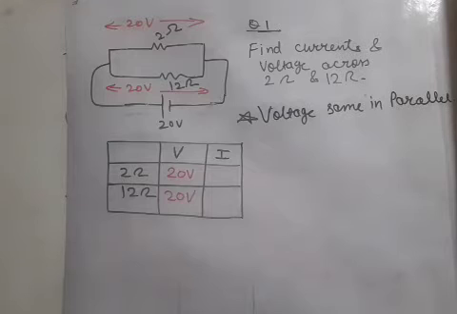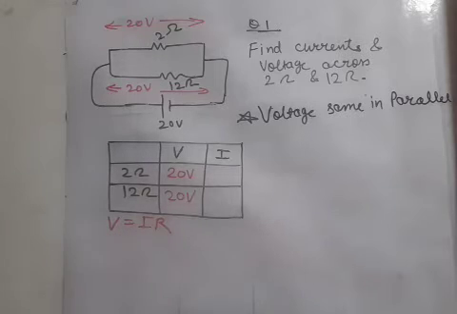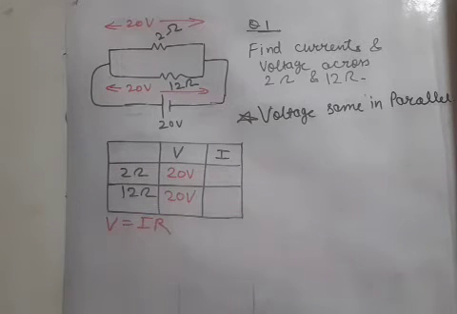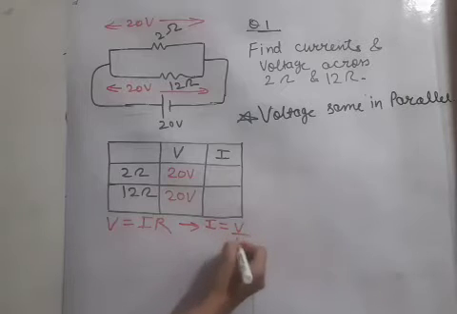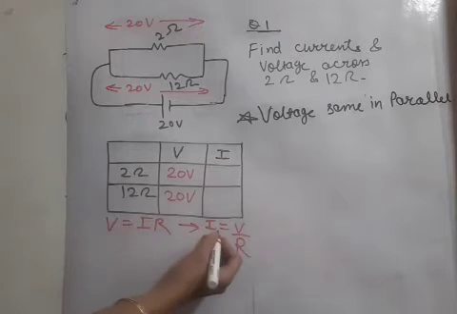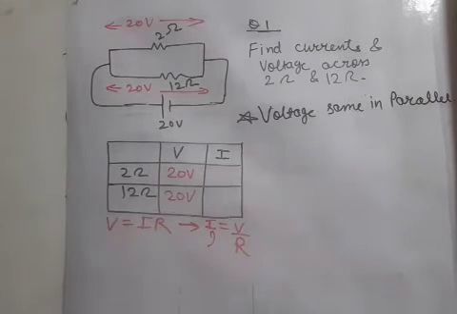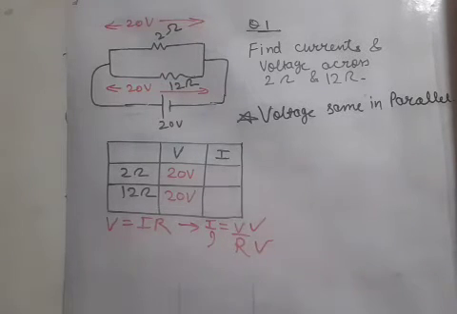Now the next step is that we have to calculate the current. So we will take the help of another property, V equal to IR, Ohm's law. And for current we can write V by R. That means students, if we have to solve for any resistance, we should know voltage and resistance.